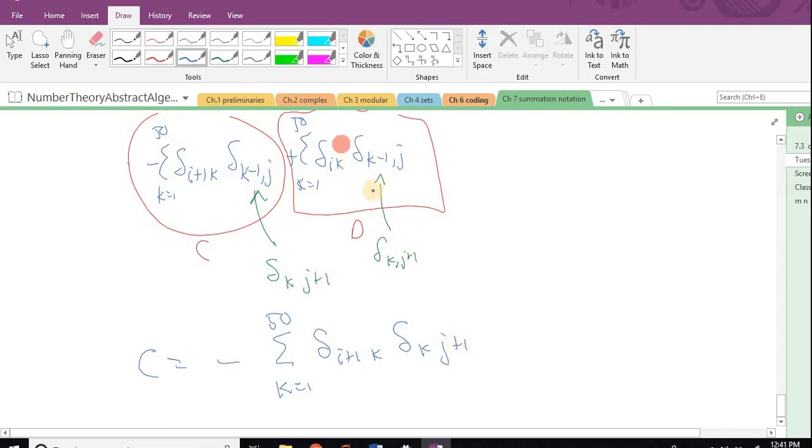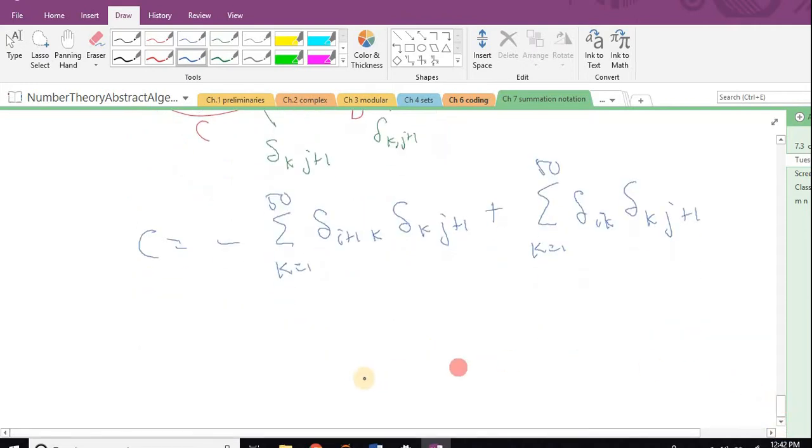And then the other case, you're going to get plus sum k equal 1 to 50, and then this is delta ik and delta k j plus 1. I broke it up into two equations.